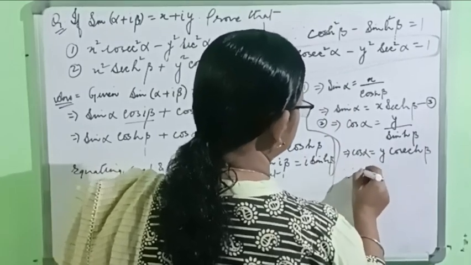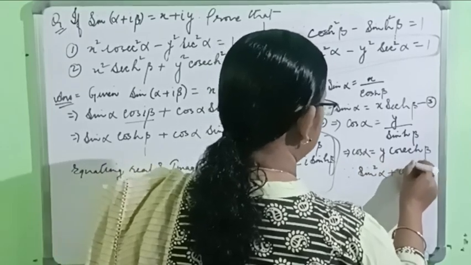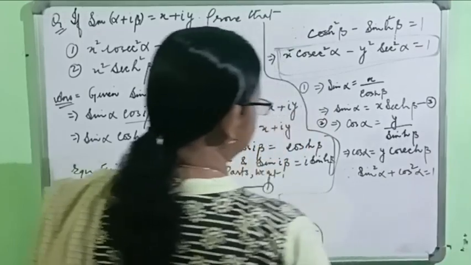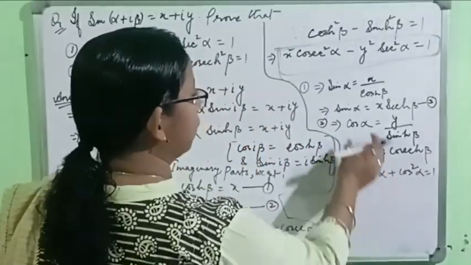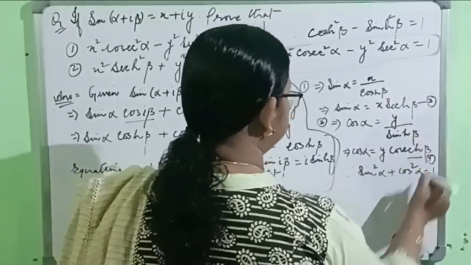Since sin square alpha plus cos square alpha is equal to 1, therefore put the value of sin alpha from equation 3 and cos alpha from equation 4.